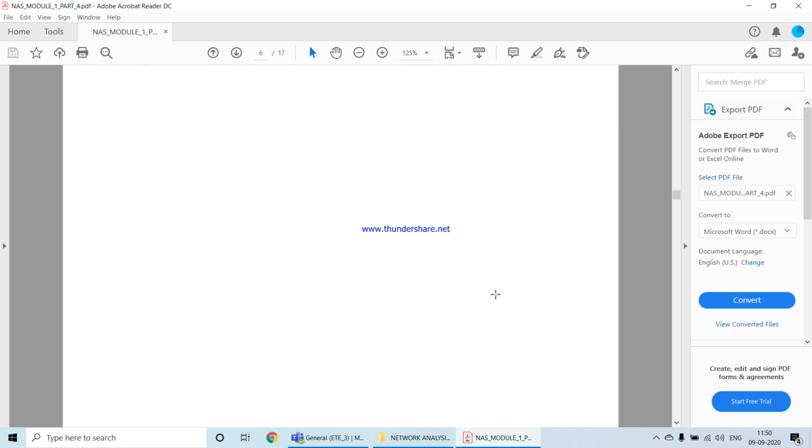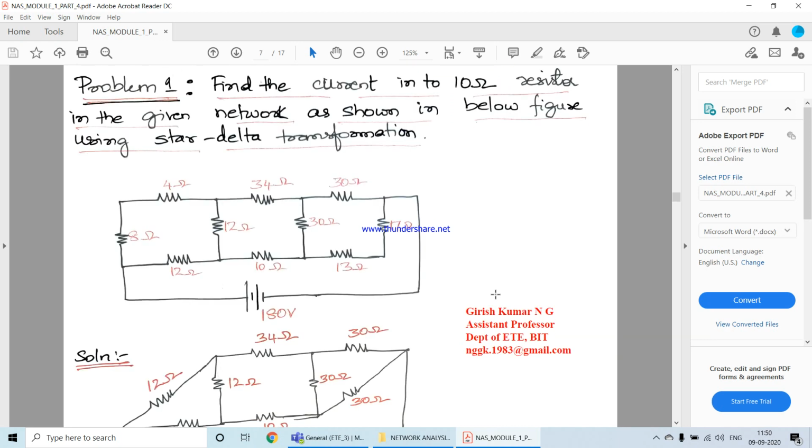Now we'll soon step into problem 1. In this problem, they are asking to find the current in the 10 ohm resistor. Find the current into the 10 ohm resistor in the given network as shown in the figure using star delta transformation. Whatever problems we do from now are all related to star delta transformation.